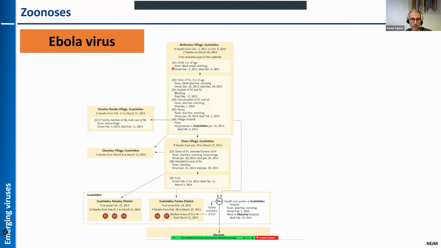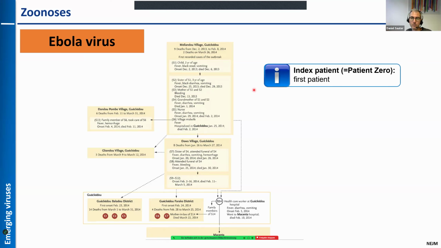Each line here is a different infected individual, and the arrows indicate the transmission chain, so who was initially infected and transmitted the virus. They could trace this large outbreak back to one index patient, the patient 0, a 2-year-old child in a rural area.